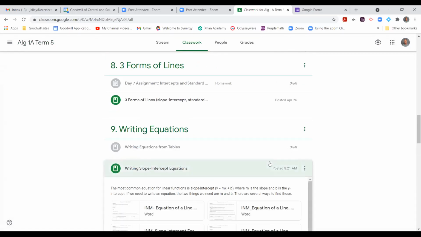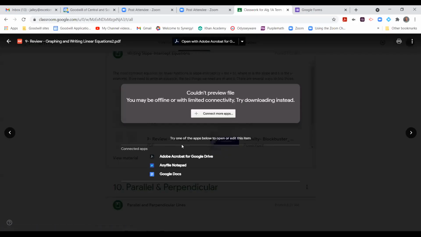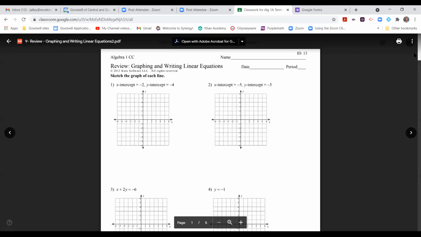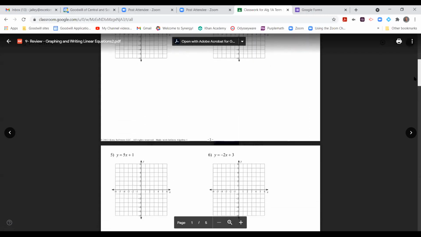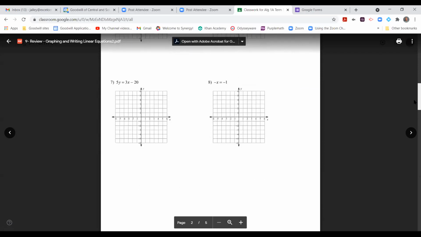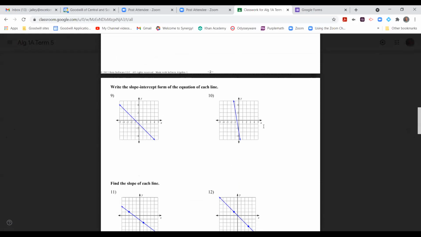And under the previous one for slope-intercept equations, there is a handout for graphing and writing equations with all the different varieties. So there's graphing practice in here. You get into 9 and 10, you start seeing some graphs. So now you can write an equation.